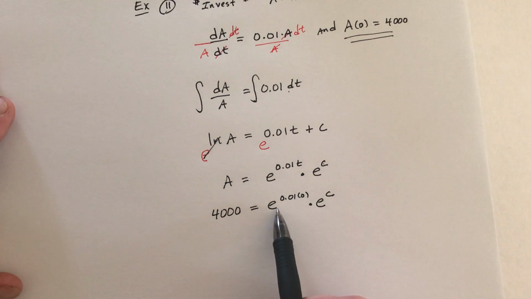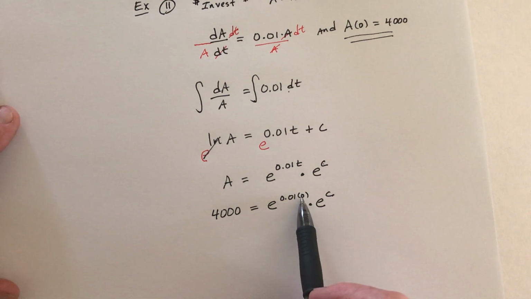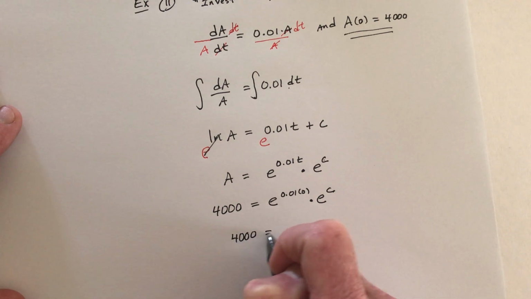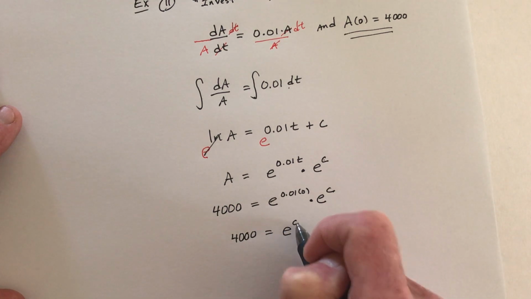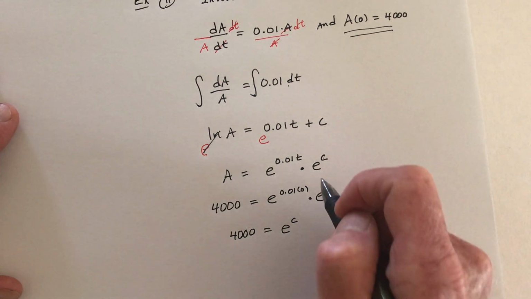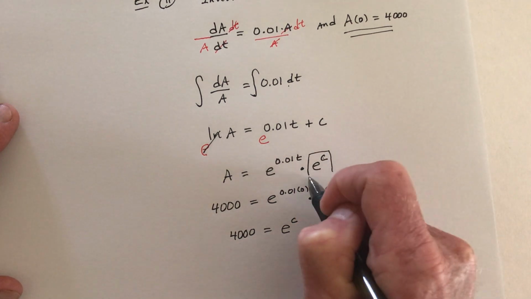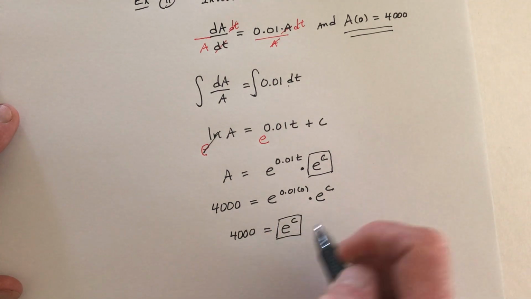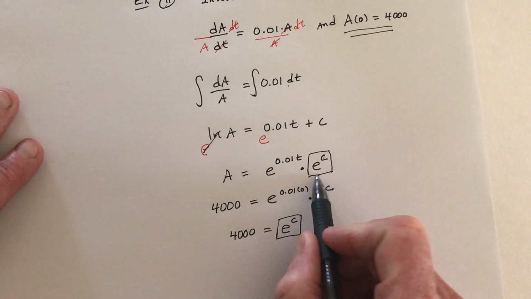And right here, this becomes e to the 0, and e to the 0 is just a 1. So that means that 4,000 equals e to the c. And I don't even need a calculator because that's basically just saying right here, put a 4,000. Because e to the c is equal to 4,000. So just replace this with the 4,000.